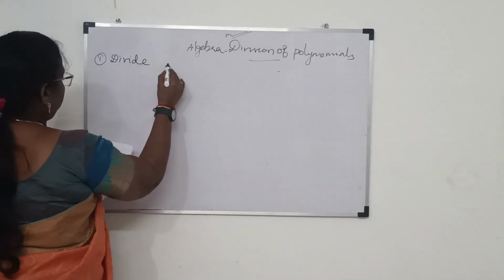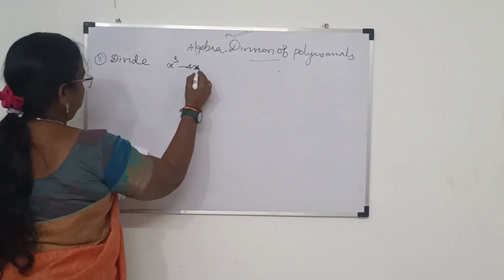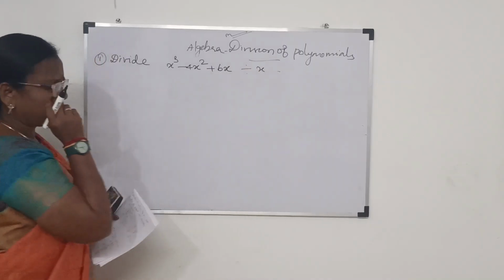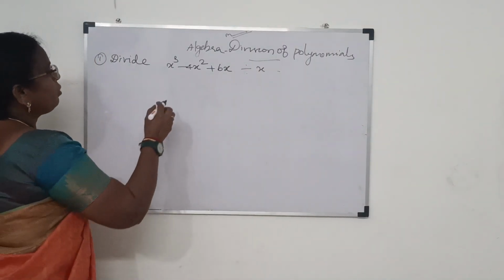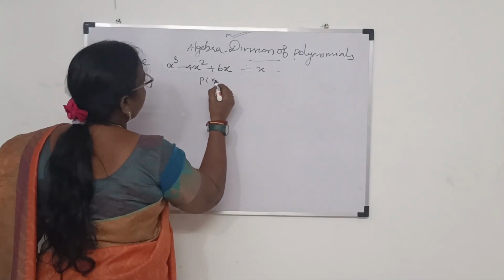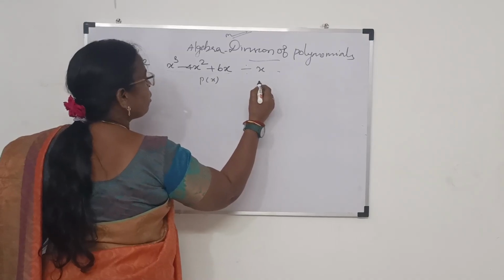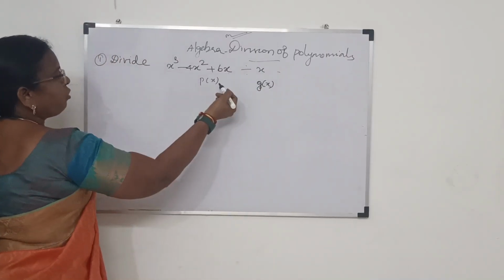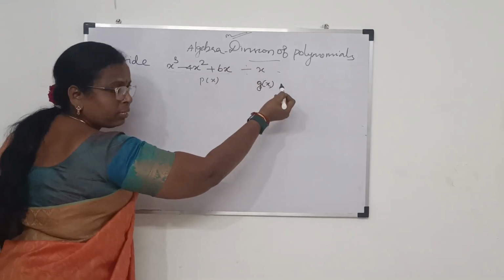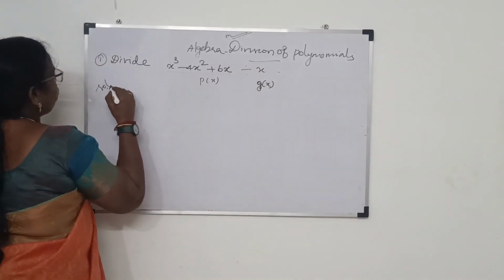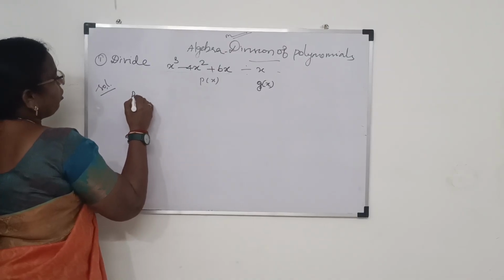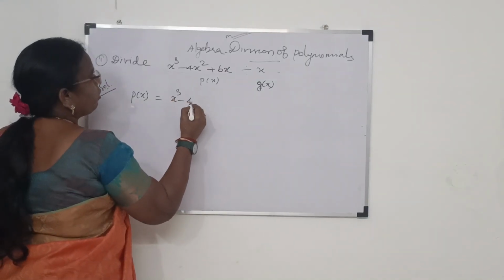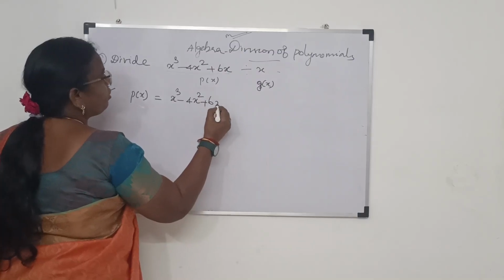Divide x cube minus 4x square plus 6x by x. This is a simple question. So this is called p of x. This is the divisor, we will take it as g of x. We are going to divide this polynomial by this x. So when you are writing the solution, p of x is equal to x cube minus 4x square plus 6x.